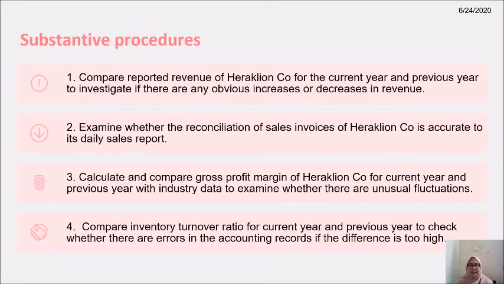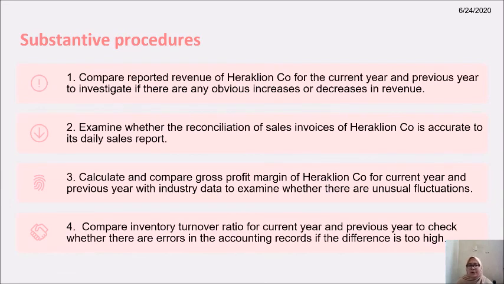Next, the third question is to describe substantive procedures that the auditor should perform to obtain sufficient appropriate audit evidence in relation to Heraklion revenue. So the first substantive procedure is to compare reported revenue of Heraklion for the current year and previous year to investigate if there are any obvious increases or decreases in revenue.